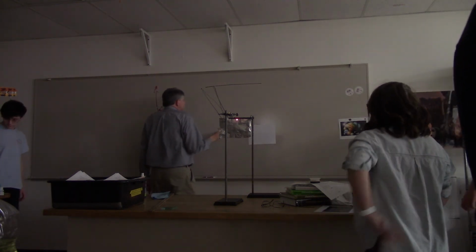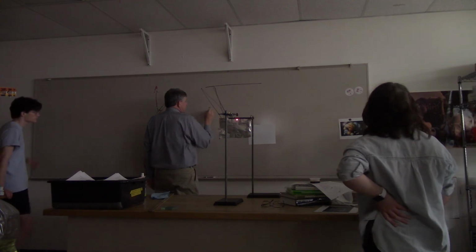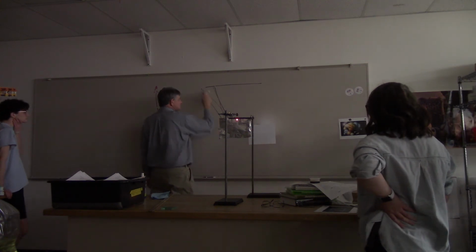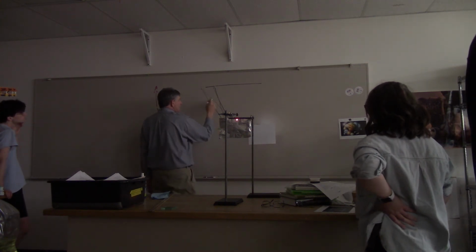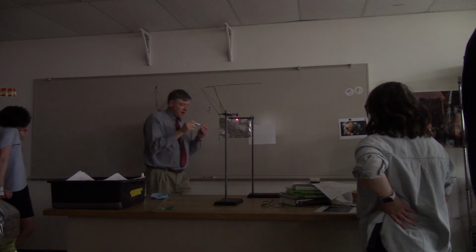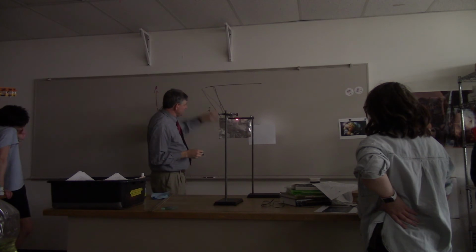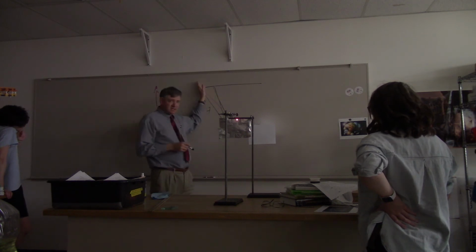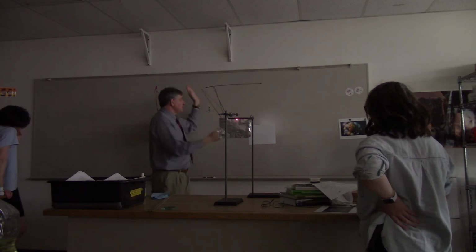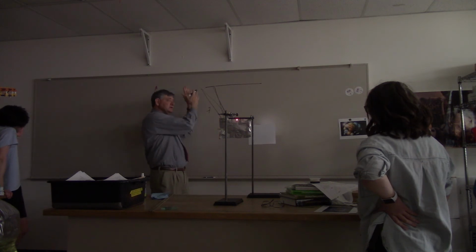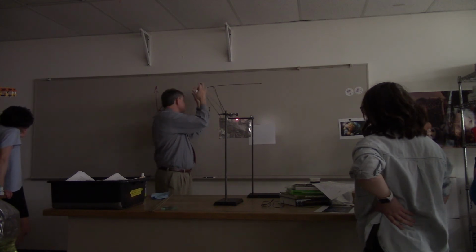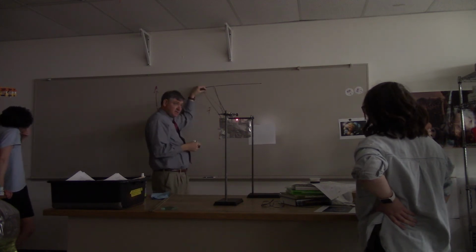Okay. So what's going to happen is that the distance these are going to travel has to be off by a wavelength. So you've got one wavelength here, and then this distance here is going to be off by another wavelength, because that's the only way they can meet, crest to crest, and get a bright spot.